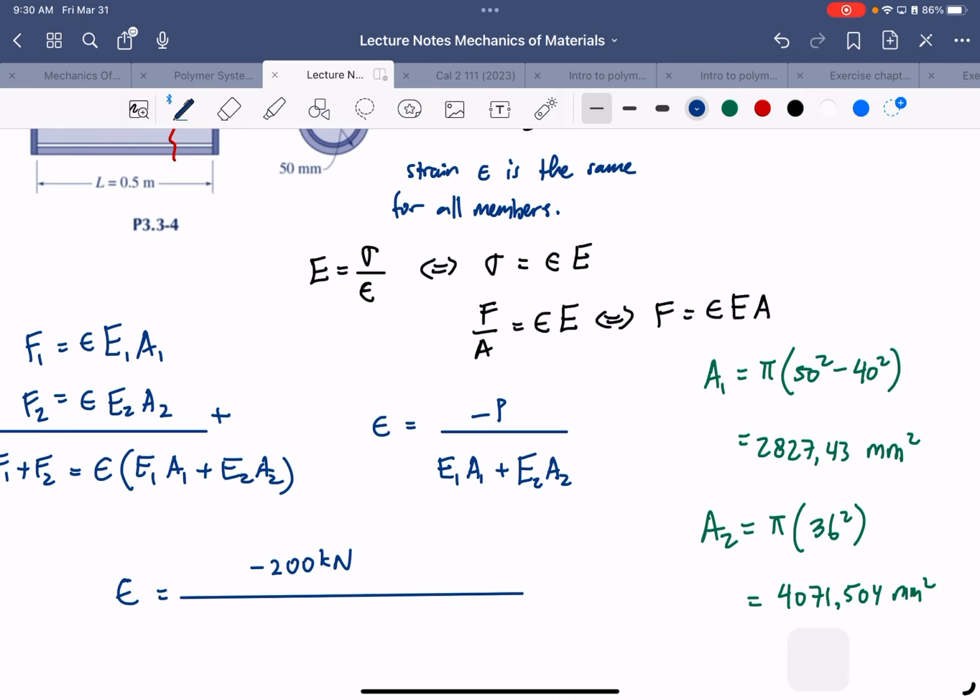So E1 is 200 GPa, 200,000 MPa. So MPa is Newton over millimeter squared, multiply with 2827.43 millimeters squared.